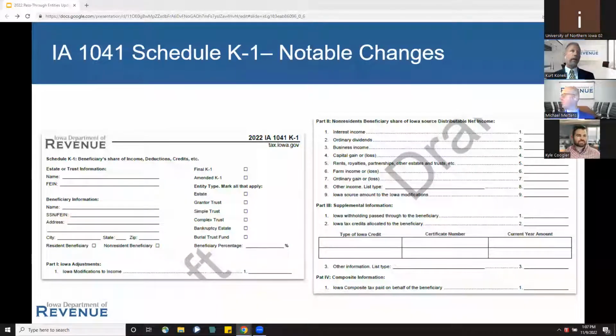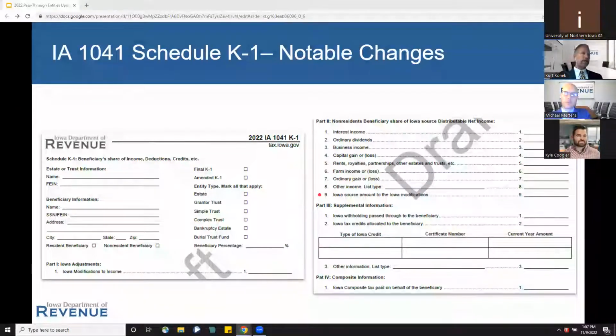And then Mike indicated earlier that on the right-hand page, part two, that information is going to have a dual purpose. One, it's going to be used to calculate the amount of composite tax for a non-resident beneficiary, plus the same information is going to be used when that non-resident beneficiary completes the Iowa 126 form to calculate the non-resident or part-year resident credit on the 1040.